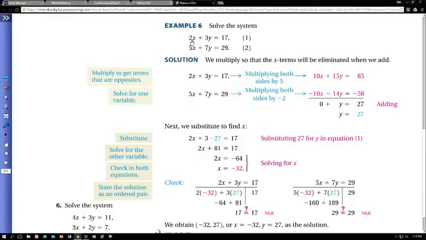What I'm looking for is a common multiple of 2 and 5. Well, that's 10. So I could make this equal to 10x, and I could make this equal to negative 10x too. And then I'd have additive inverses, and then when I use the elimination method, or the addition principle really, I eliminate a variable.